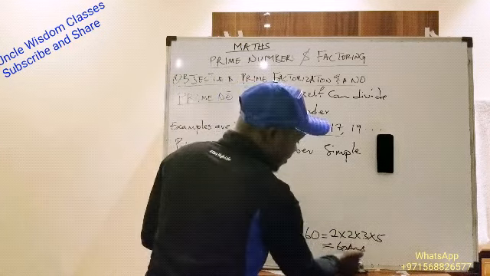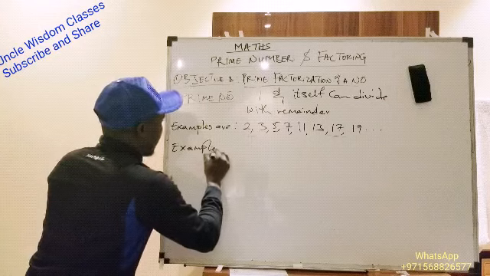And 12 times 5 is 60. That is the answer.